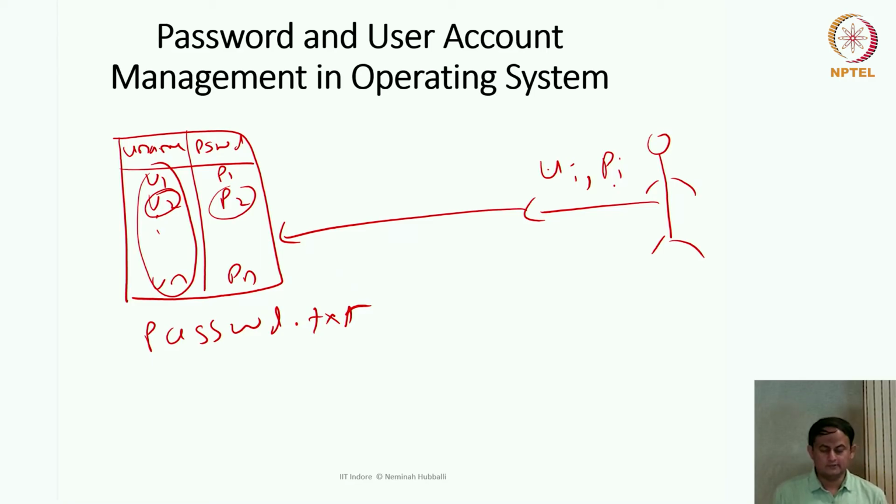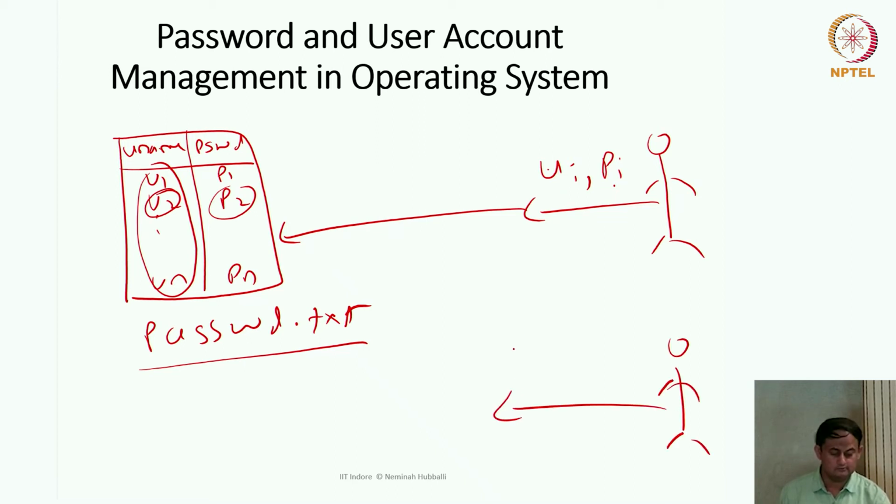Now what is the issue with this one? Since this entire file is a plain text file, when user U1 accesses the system, he can also read the entire password.txt file. And let's say there is another user, claiming to be UK, the kth user with password PK.